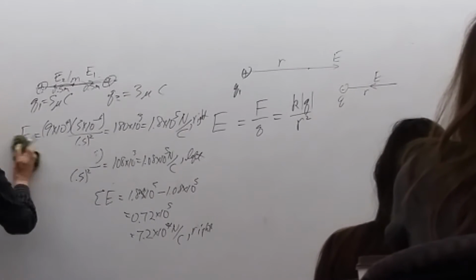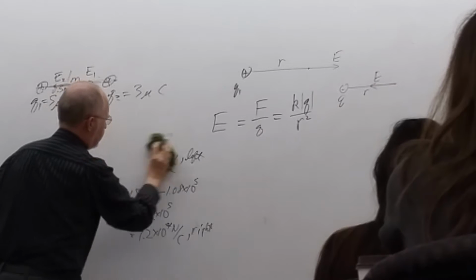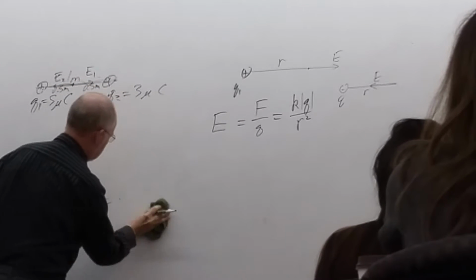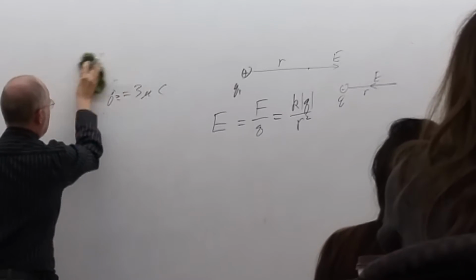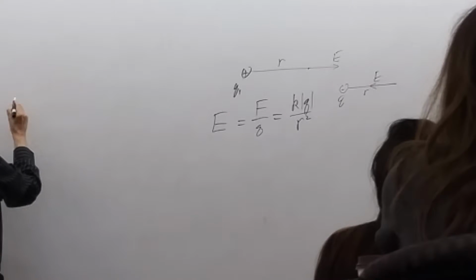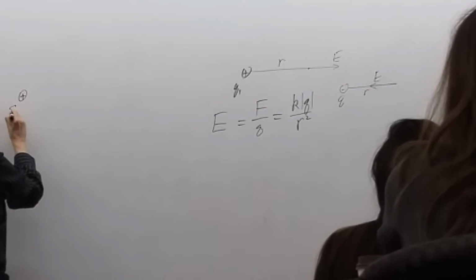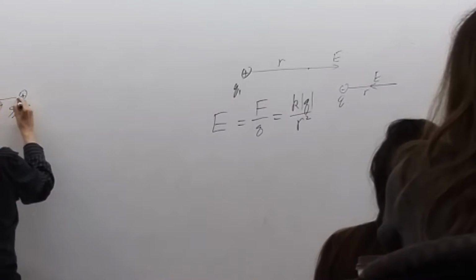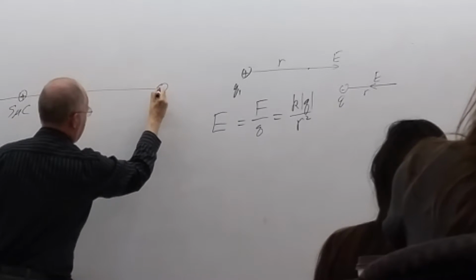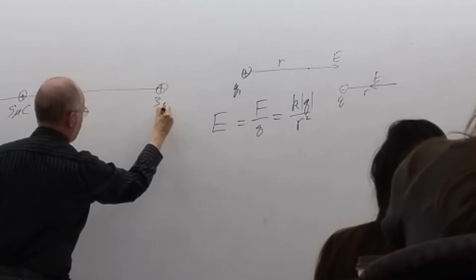Let me redraw some of this to make it easier to see, hopefully. So if I've got my positive 5 microcoulombs, and over here I've got my positive 3 microcoulombs.